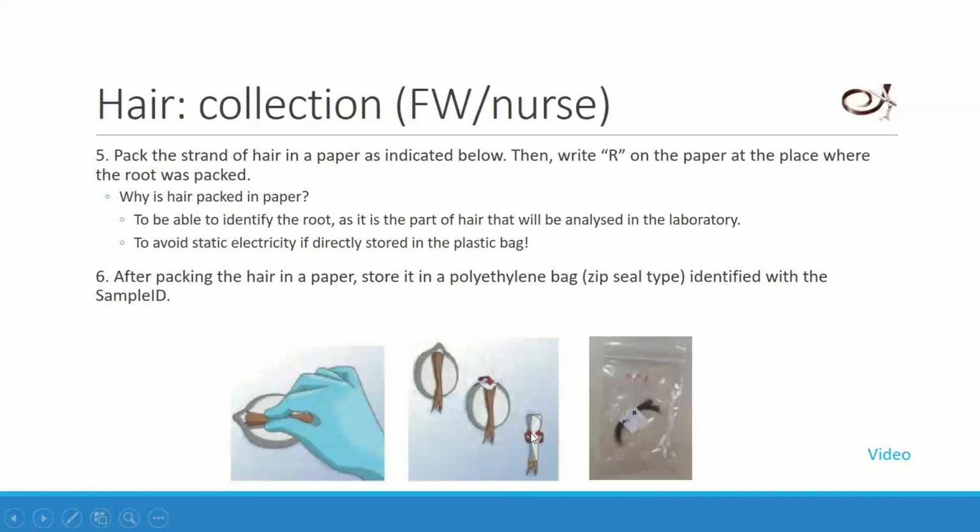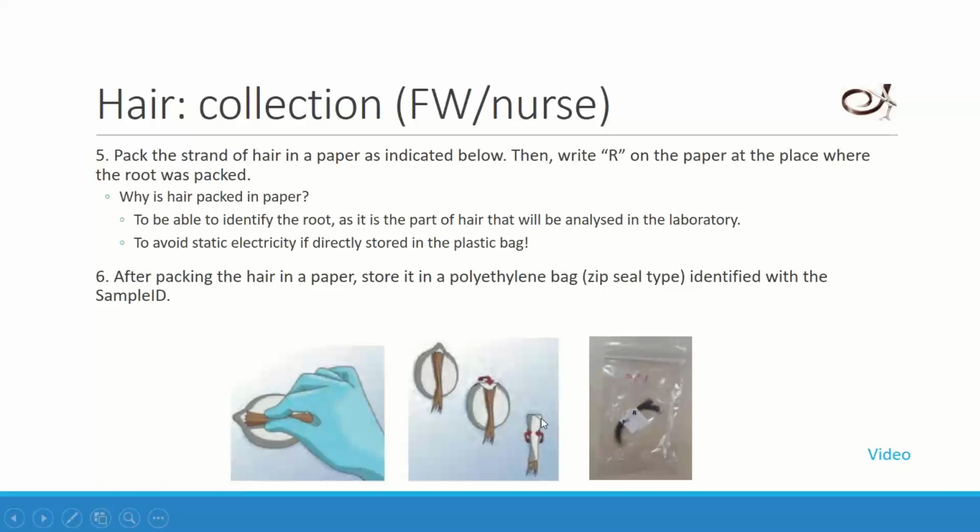And we are doing this for 2 things. One is to avoid static electricity, okay? And the other is because we want to identify where the root is, because as Serena said, we are going to use the first 3 centimeters from the root, and we need to know if the root is here or here, okay?